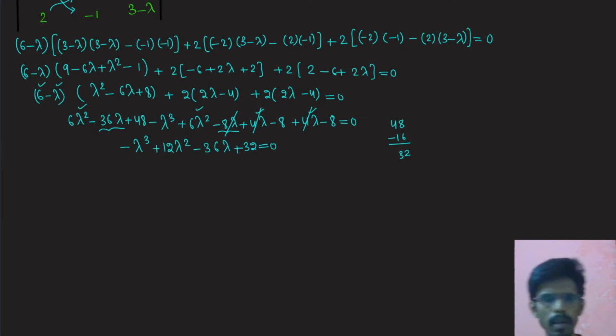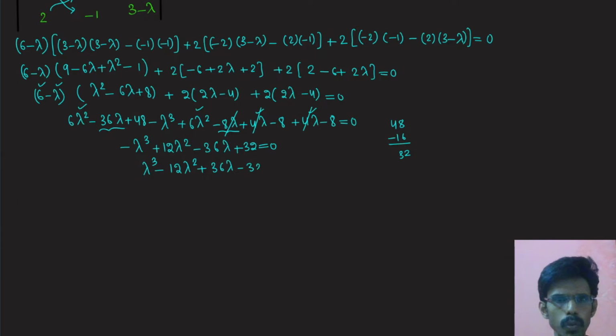Now take minus common, then we have lambda cube minus 12 lambda square plus 36 lambda minus 32 equal to 0. This is a cubic equation having 3 roots.